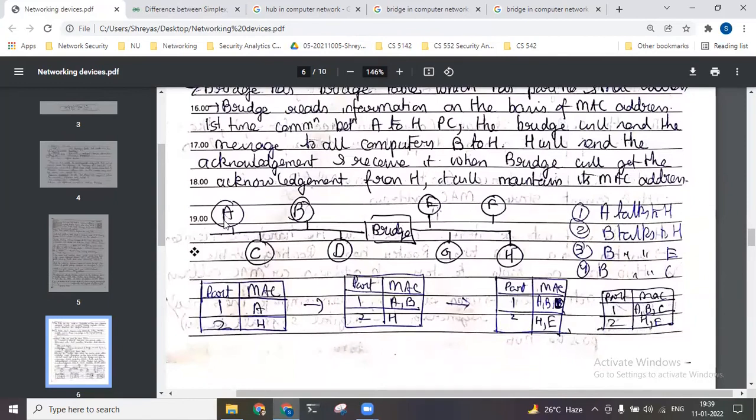It will see that PC A is on port 1, so I will store its MAC address. And now I also have the MAC address of PC H, which is on port 2, so in port 2 I will store the MAC address of PC H. So the bridge table looks something like this.